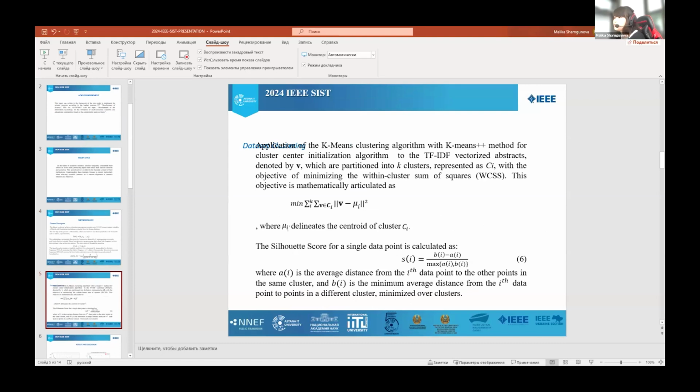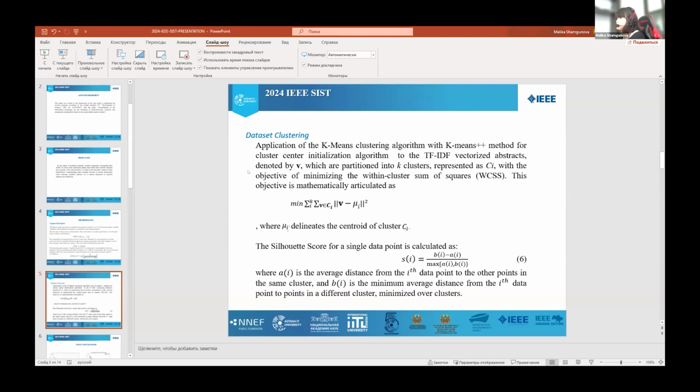The next one is dataset clustering. Basically, it's an application of the k-means clustering algorithm with the k-means++ method, which is described by the smart center initialization algorithm, to the term frequency inverse document frequency vectorized abstracts.